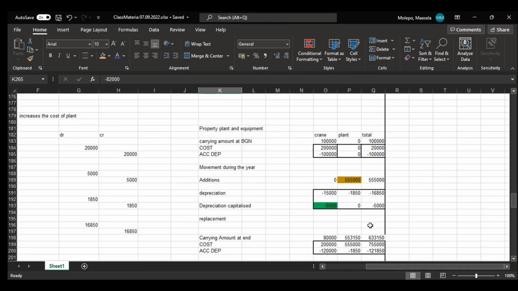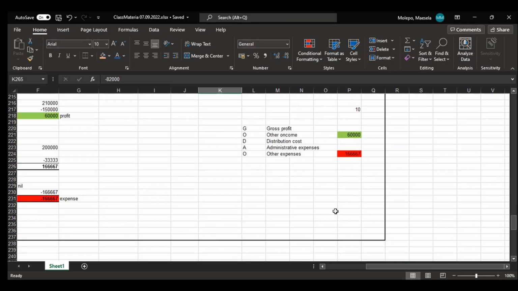But this one is like we are capitalizing from crane to crane again. It's like we have crane 1 and crane 2. Now we are capitalizing from crane 1 to crane 2. But when we group them all together, we say it's crane. We don't separate between crane 1 and crane 2.